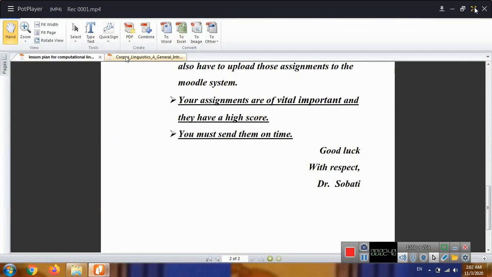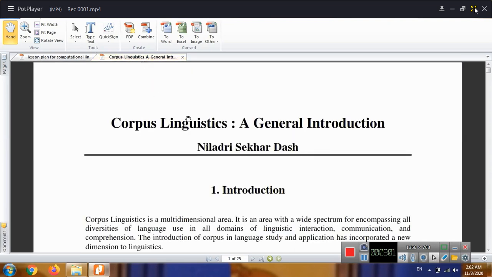Okay, this was your lesson plan for computational linguistics. If you have any questions about this plan and about the scores, please ask me through the WhatsApp group.